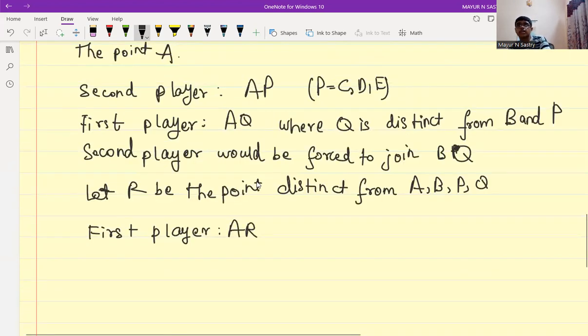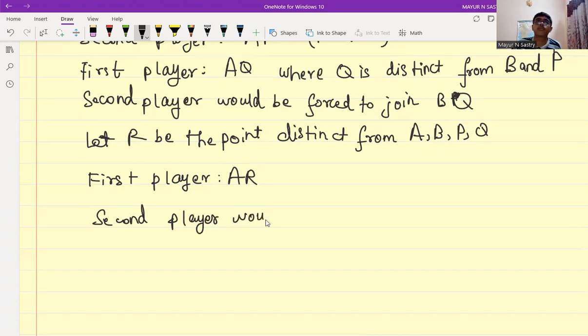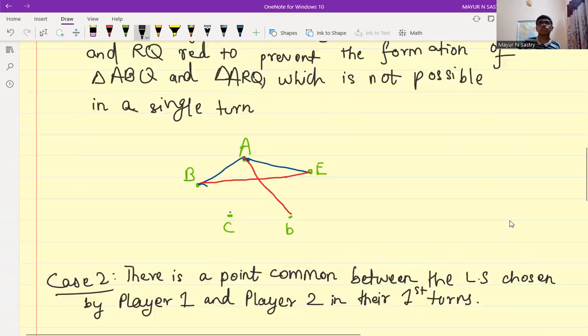So the first player has colored AQ blue and AR blue. So the second player would be forced to color QR.